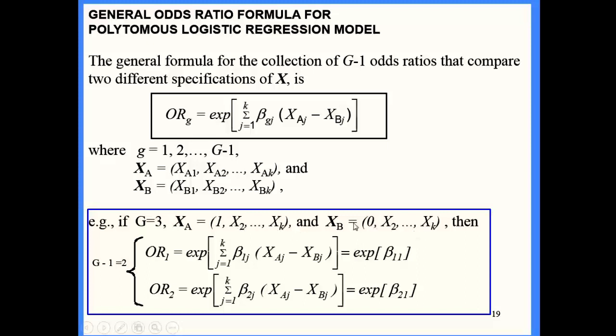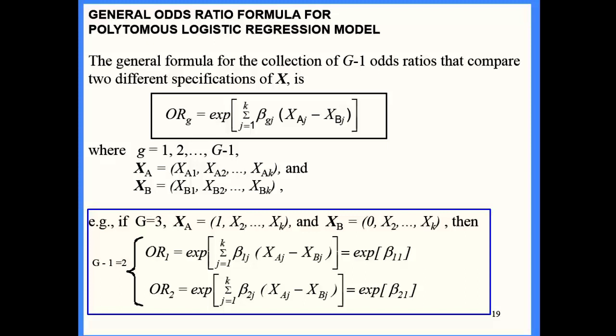But person A has the same values on every other variable in the model as person B. That's what this says: X2, X2, XK, XK. Person A and B differ in only one way. One is exposed, the other is unexposed. Other than that, they're the same on all the other variables you're controlling for in the model. That means you're talking about controlling for these other variables.